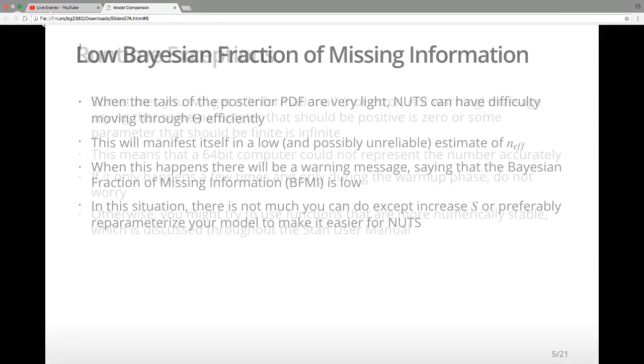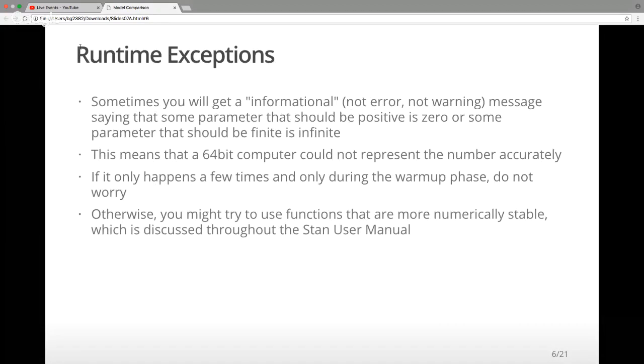There's actually one more, which is not really a warning message, but an informational message, saying that sometimes this parameter is supposed to be positive, but it turned out to be 0, or some parameter should be finite, it turned out to be infinite, or some things should be a number, but it was actually NaN.